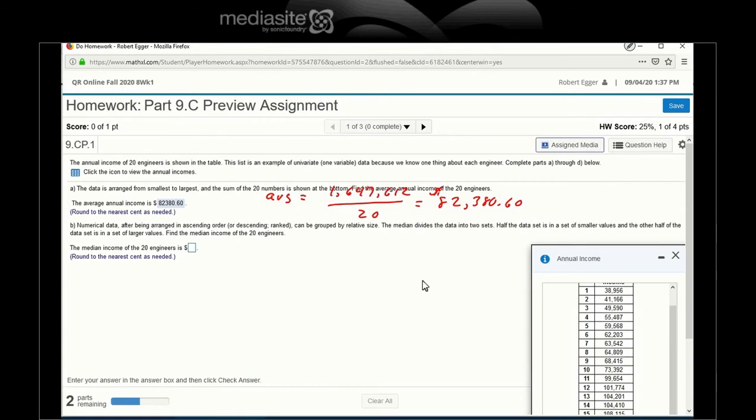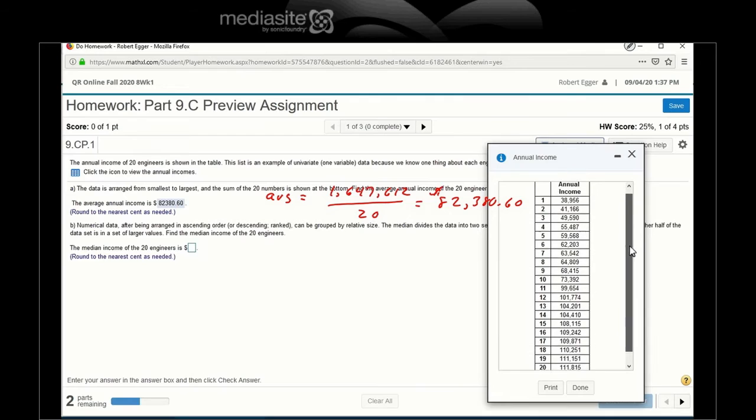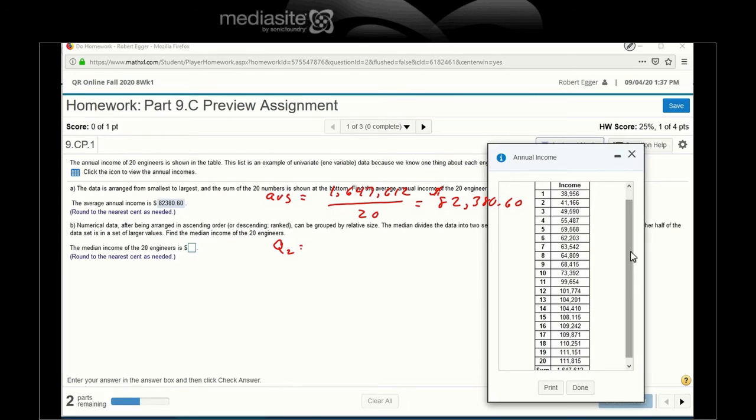Okay, numerical data arranged in ascending or descending order can be grouped by relative size. The median divides data into two sets. Half the data set is smaller and the other half is larger. Find the median of the 20. Again, define Q2. That'd be total number over 2, which is 10. Of course, since 10 is a whole number, I will look at x equals 10 and 11.